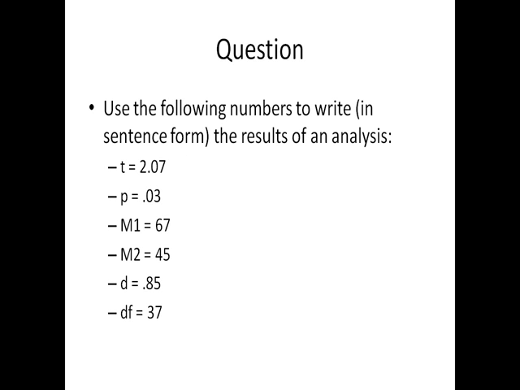Now, for the fifth step of hypothesis testing, which is make a conclusion, let's use these example numbers. So this is for an independent groups t-test. Now, what if I were to give you these results from an independent groups t-test and ask you how would we report the results of this t-test in APA format?